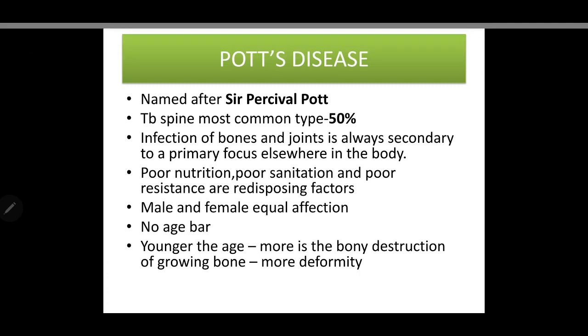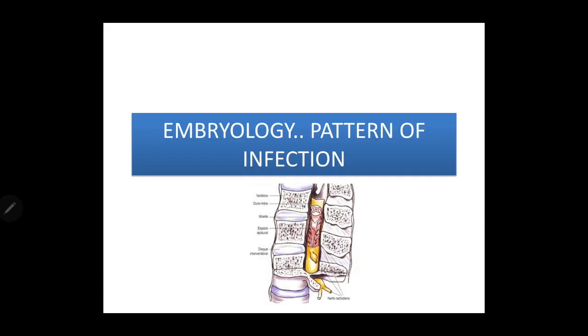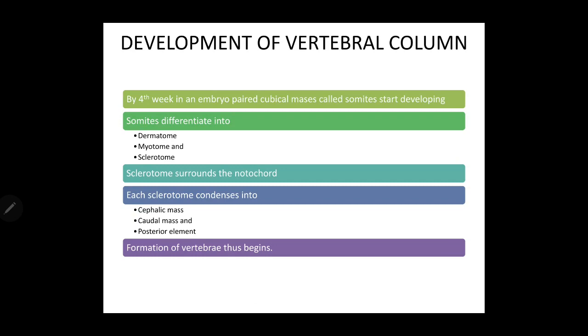You would all have learnt about the pattern of infection in your pathology. So how do tubercle bacilli reach the spine? Before that, we should learn how the vertebral column develops. The vertebral column develops from small paired cubical masses called somites.